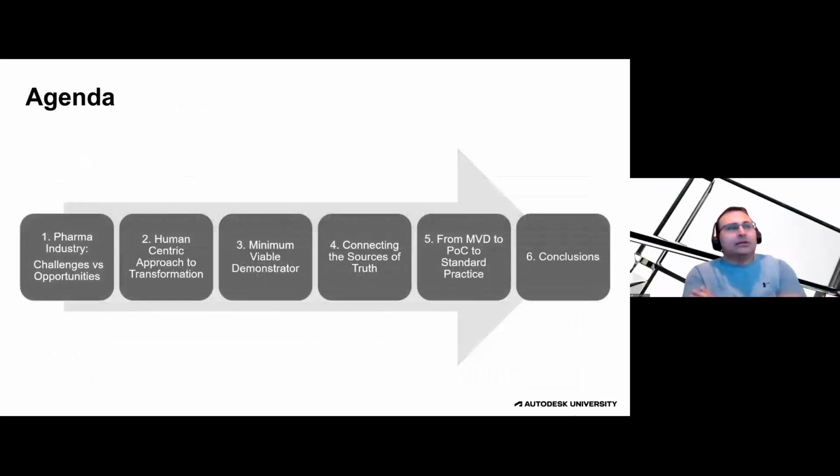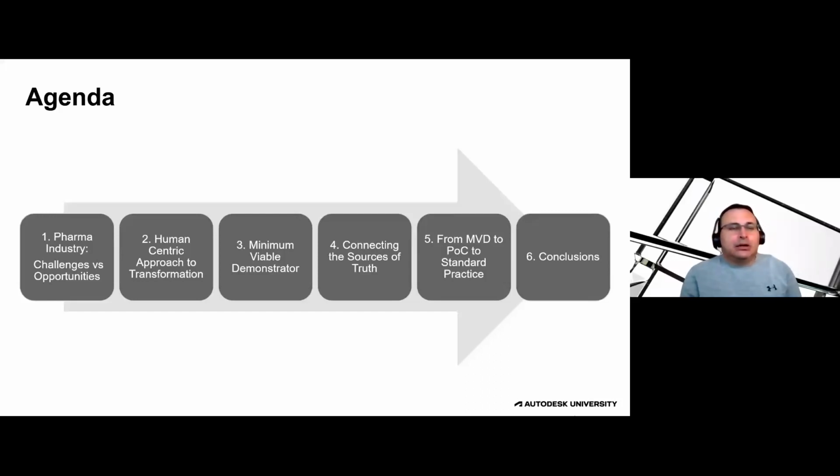In terms of the agenda, we're going to introduce the challenges and opportunities we have in the pharma industry. Then we're going to talk about the human-centric approach that we will take for digital transformation. And then we're going to present a minimum viable demonstrator that we built over time.